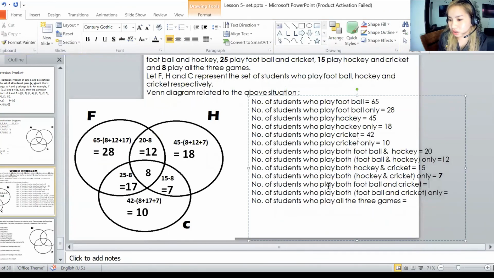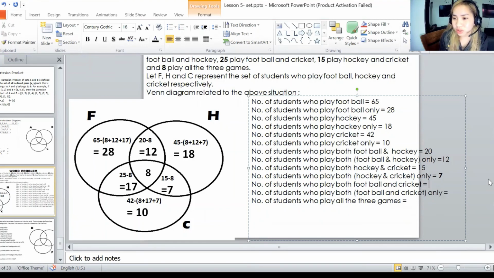Next, student who play both football and cricket. So, football and cricket daw po. Yung mga estudyanteng naglalaro ng football and cricket is equal to 25. Bakit po? 17 plus 8. Meron po tayong 17 na naglalaro ng football and cricket plus yung 8 na naglalaro ng 3 games.